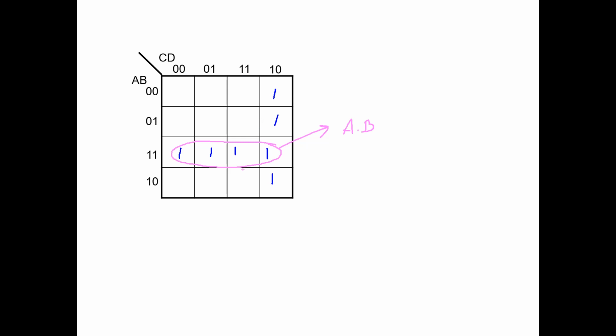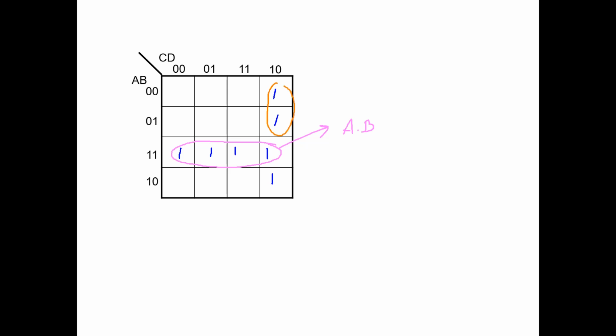It cannot be both 0 or 1. That means for this group, the value does not depend on the value of C and D, it depends only on A and B. Understand the meaning?